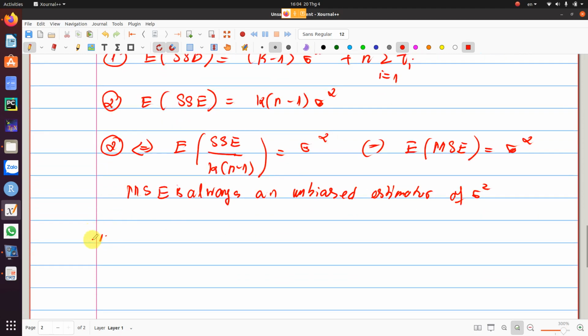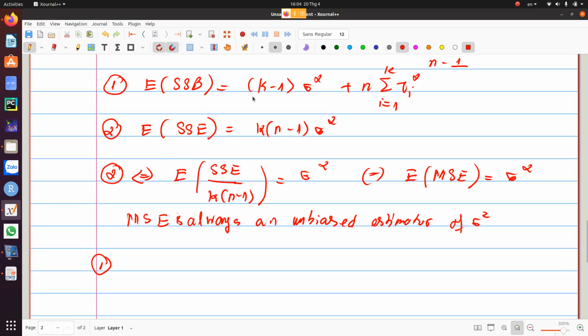Then equation 1: if I divide both sides by k minus 1, we have E of SSB over k minus 1 equals sigma square plus n times the sum of tau i square over k minus 1.